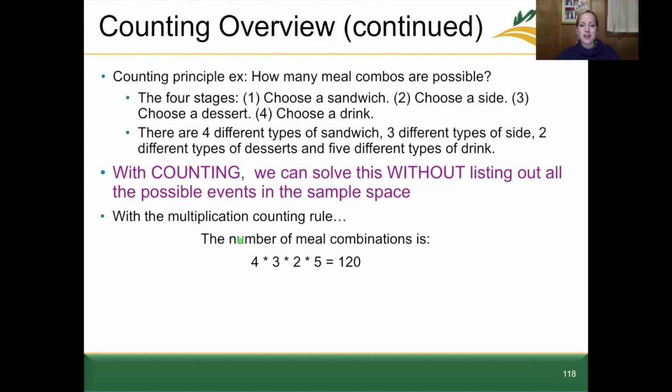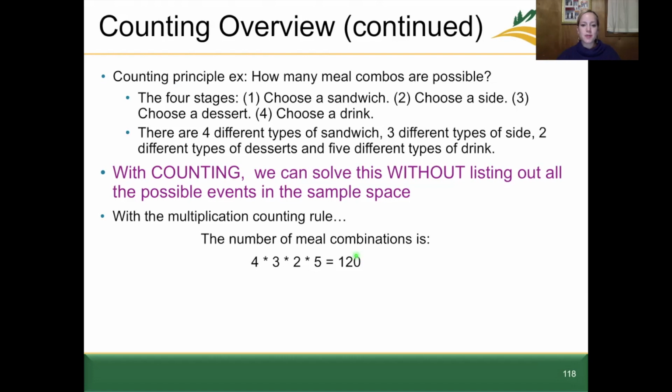Using the multiplication counting rule, we take this number times this number times this number times this number, and we get 120 different options. If we really tried to count up all the different possibilities without using that rule, it would take a while. We'd have to list 120 different possibilities. This is a much more user-friendly way of getting the same answer.